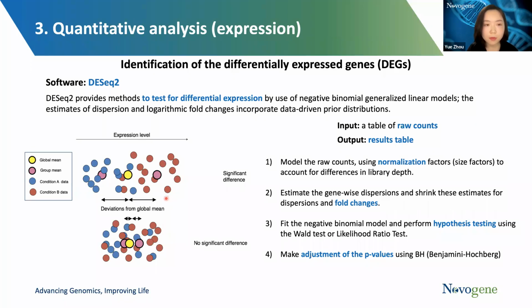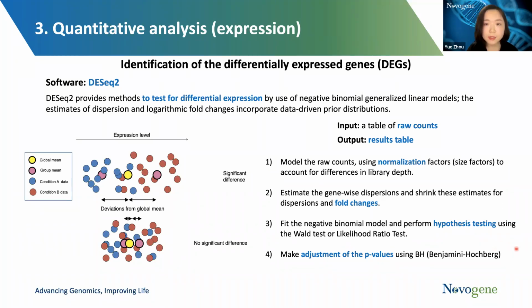First, it will calculate the group mean, which is the pink circle for the different groups. It will also calculate the global mean, which is the yellow circle, and calculate the deviation between the global mean and the group mean. If it is more separated like this, it means there is a significant difference. If it is closer like this, it means there's no significant difference.